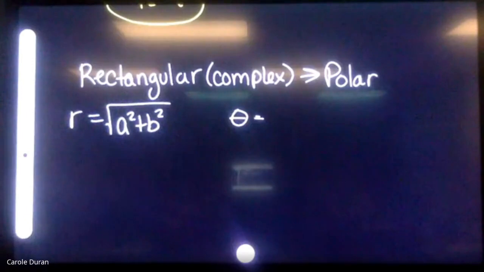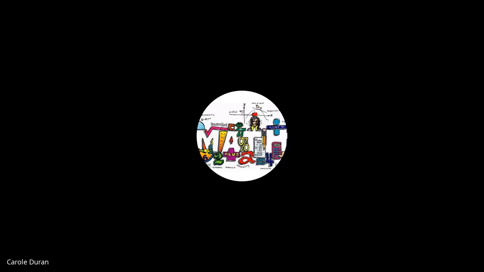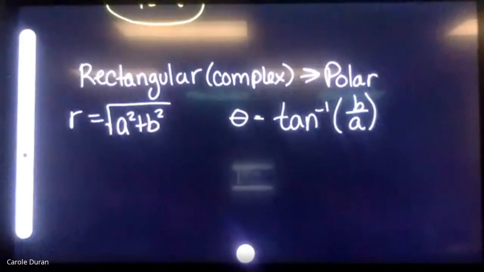And then my angle theta is going to be equal to tangent inverse of y over x, which is the same as b over a. Almost. That's good.